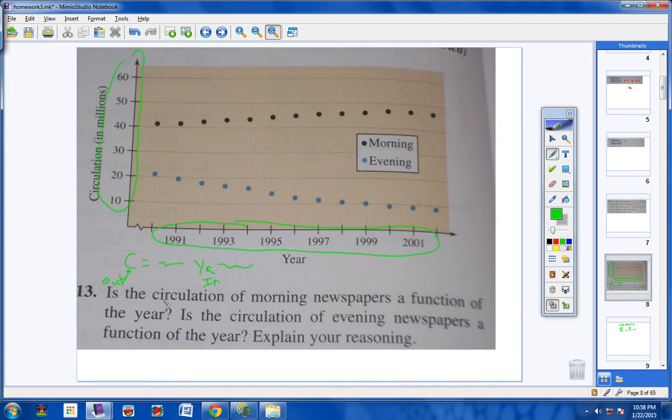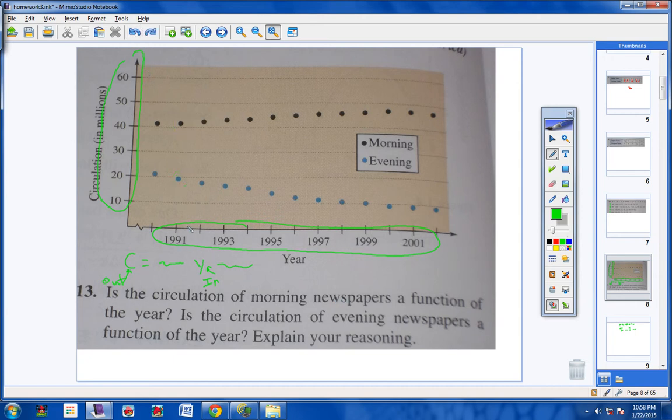Is the circulation of morning newspapers a function of the year? Well, in 1991, we only had one output right here. And you're like, no, Mr. Earhart, you're wrong, you had an output right here too. No, the blue dots are the evening paper. This says, is the circulation of morning newspapers a function of the year?